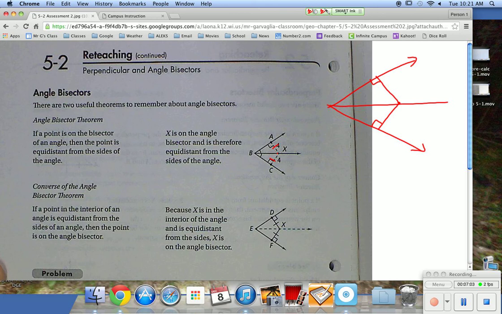That means that this segment is going to equal this segment as long as I make it right angles. This line here will equal that line there also. As long as at some point I've made an angle bisector, I picked a point, I drew a line back to the vector and made it perpendicular on both of them, then I know that these segments are equal and these segments are equal.